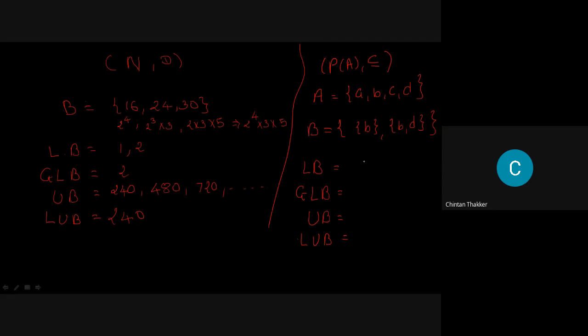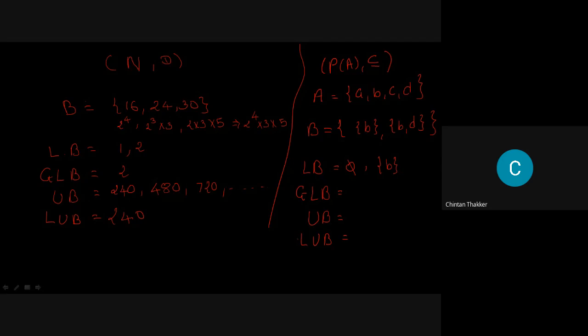So here we have phi is a subset of {b} and phi is a subset of {b, d}. Then if we take the singleton {b}, it is also a subset of {b} and {b, d}. We have these two as the lower bounds.